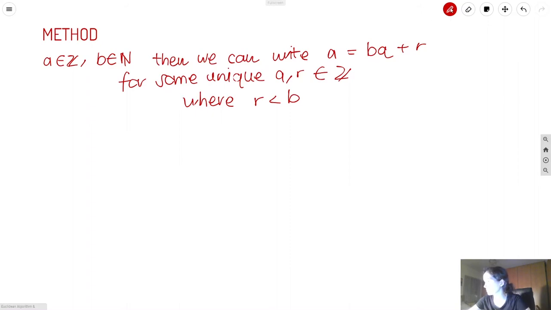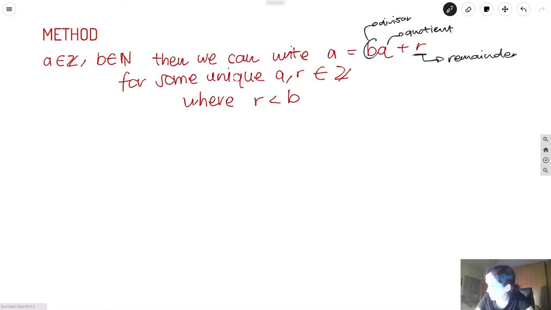Okay, so what we would call each of these, b would be known as the divisor. So b is dividing a so that we arrive at a remainder. And then we also have the quotient. So let's quickly look at an example.